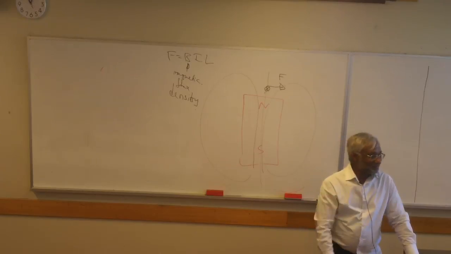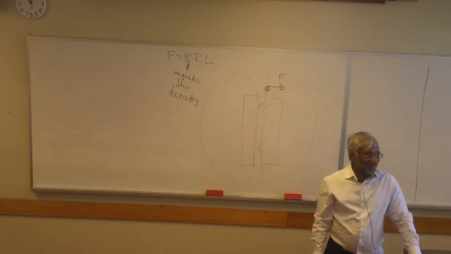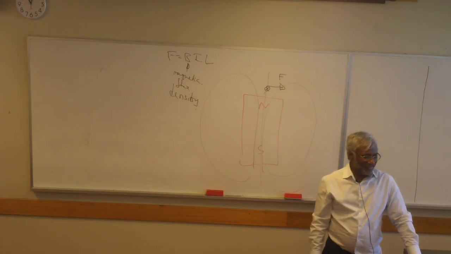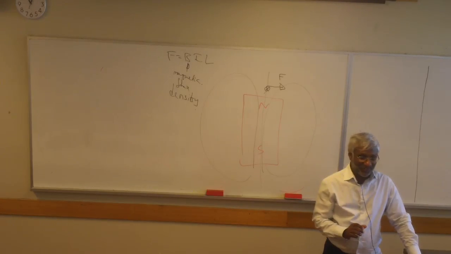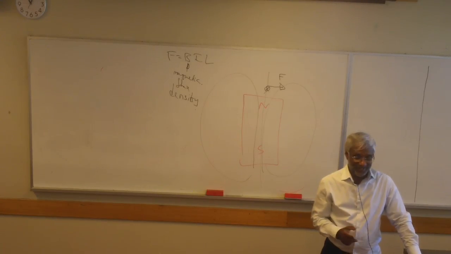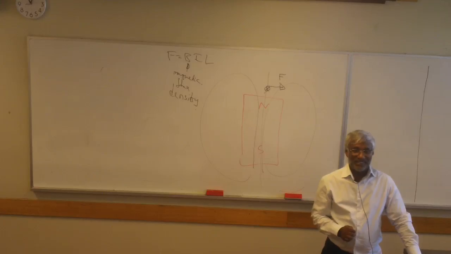Yeah? Flux in Webers, flux density in Webers per square metre or Teslas? Yeah, that's the units. But I was more after how would you calculate the amount of flux from flux density. What do we mean by density anyway?